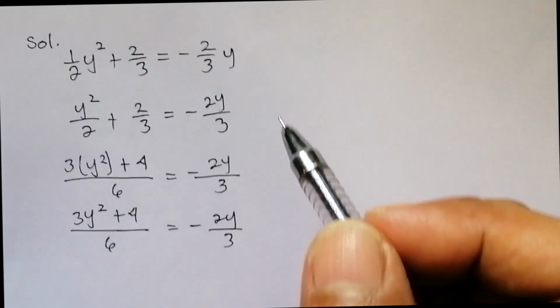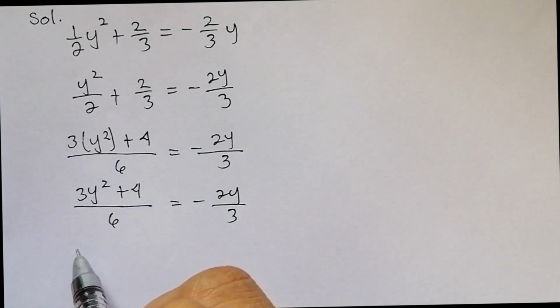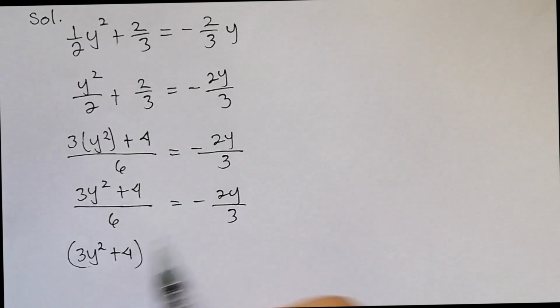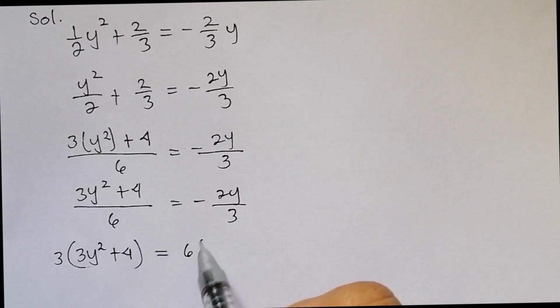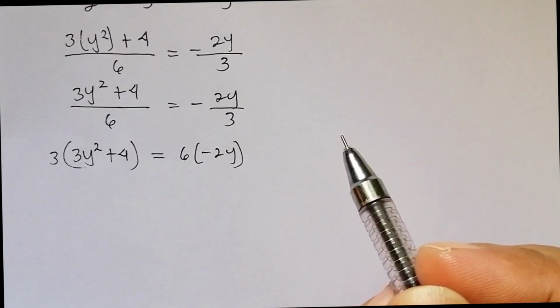Next is to multiply the left and the right side terms. Then simplify.